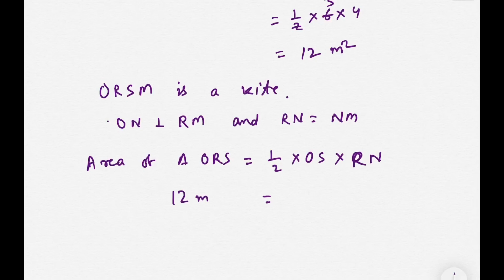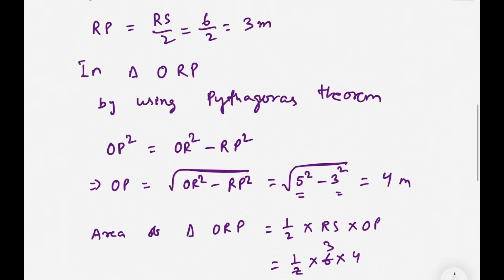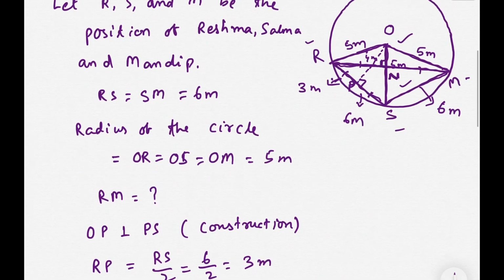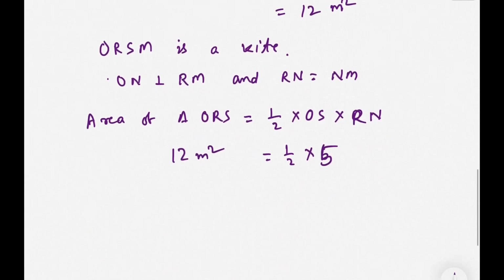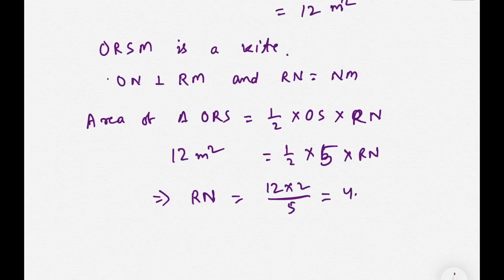It is already known to us. Now it is equal to half into OS. OS is 5 because it is radius, and we don't know RN, and from here we can find the value of RN. RN will be equal to 12 into 2 by 5, and that will give 4.8 meter. So RN is equal to 4.8 meter.